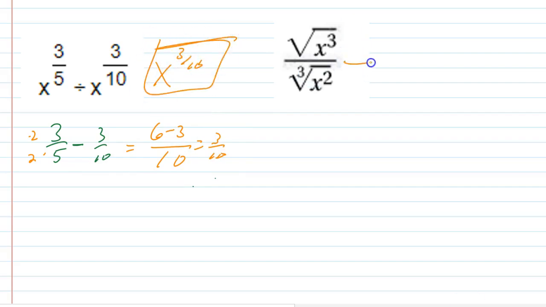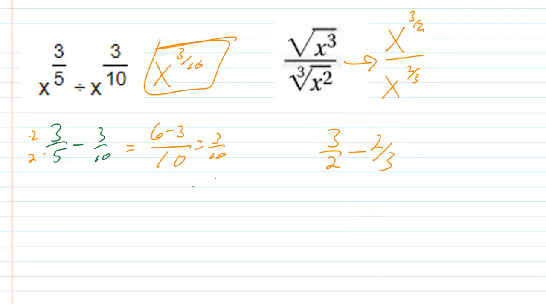For this one, I'm going to change it to fractional exponents. It gives me x to the power of 3 over 2 divided by x to the power of 2 over 3. Make sure you notice which one goes where. That gives me 3/2 was the top minus the 2/3, which is the bottom. I need common denominators.